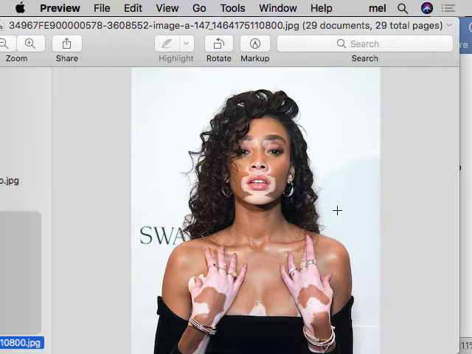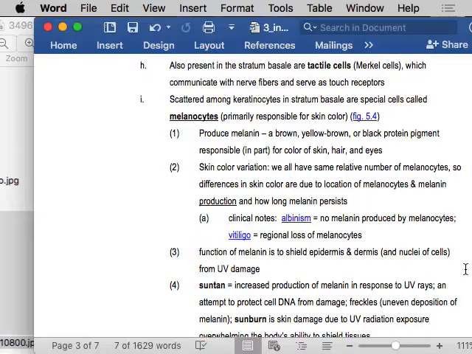It's a freaking mystery. This one included. Look at her eyes, this portion right here, and almost symmetrical on her face, almost symmetrical on her hands. Her name is Winnie something, I don't remember. So that's vitiligo as well. I think that's really cool.